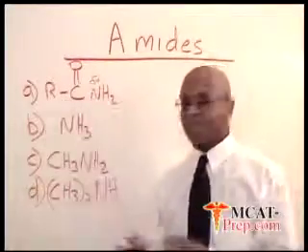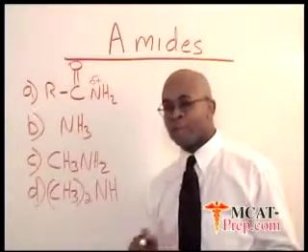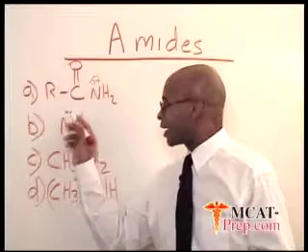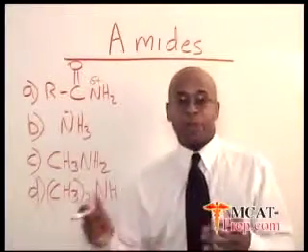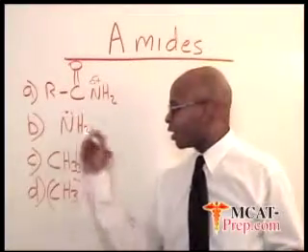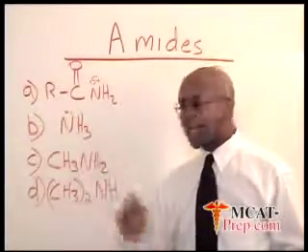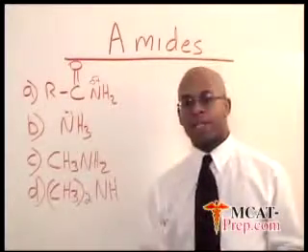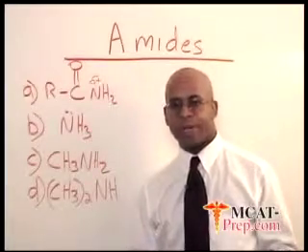So this A is definitely out of the question. Then we have ammonia. And we know ammonia has a lone pair of electrons, and therefore it would be very attractive for a proton to land on ammonia, producing NH4, the ammonium cation. So yes, definitely ammonia would be a very good base.